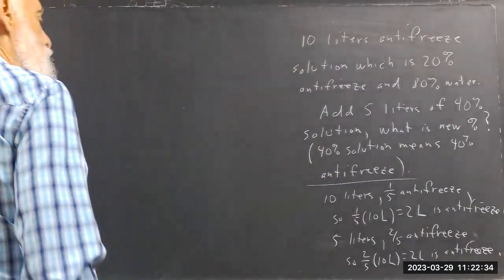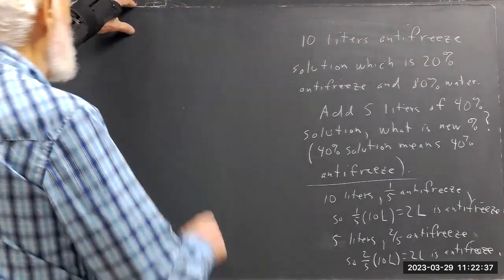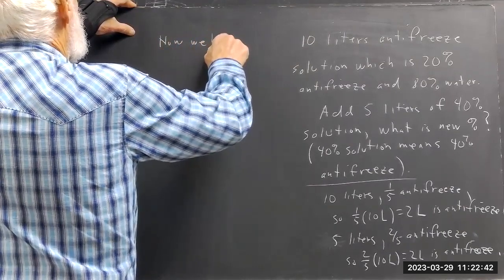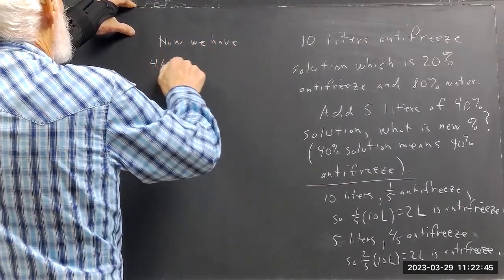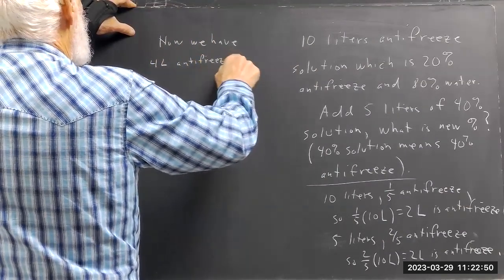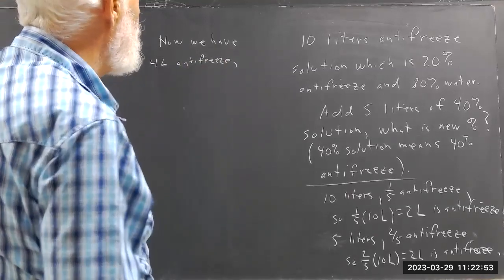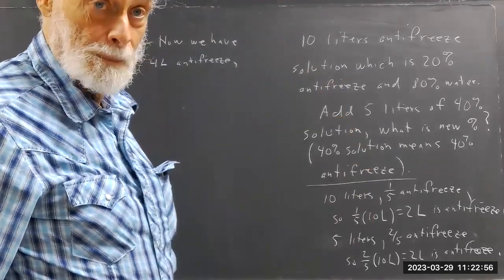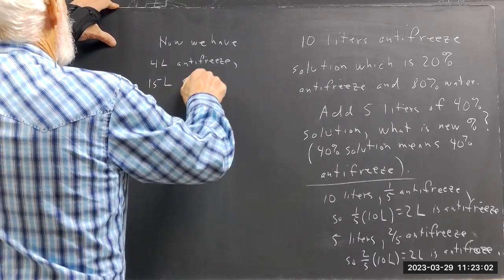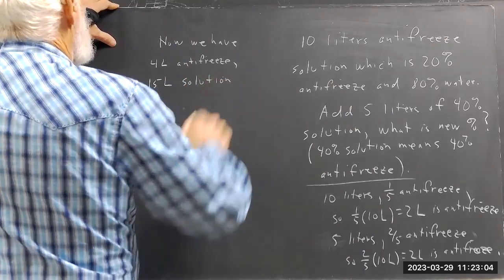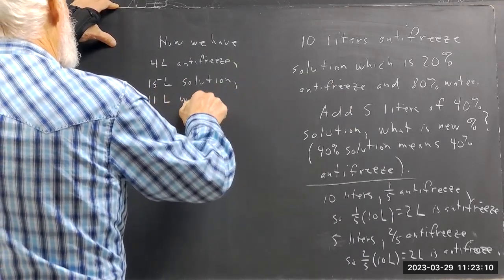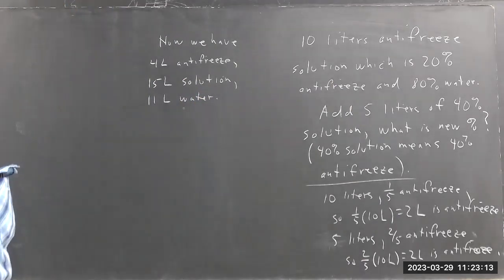Okay, well, the next question comes. Now we know we have four liters of antifreeze, and there's a total of 15 liters of solution, and also 11 liters of water.